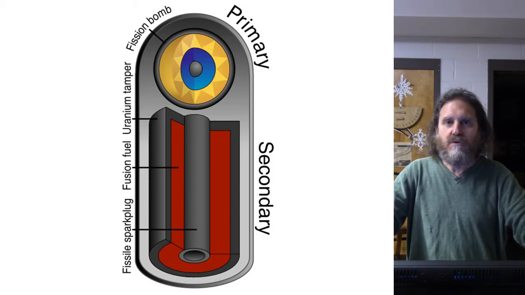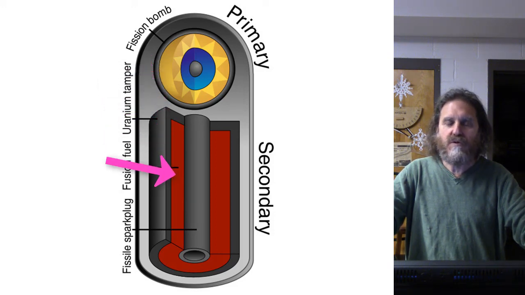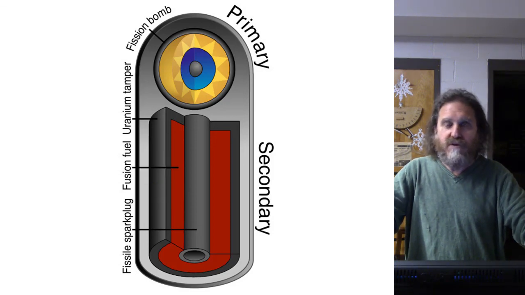So the first nuclear weapons use nuclear fission because it's easier to make it occur. But if you put a fission bomb in a device with some material that can undergo fusion, a fission bomb, of course, produces extremely high temperatures, billions of degrees, and that can cause the thermonuclear fusion of this other stuff.